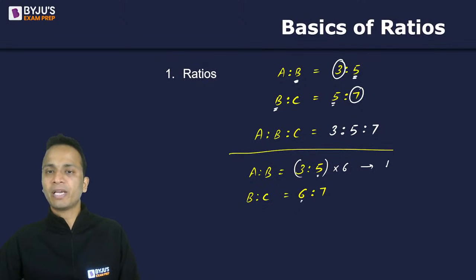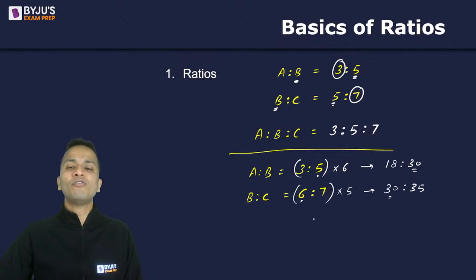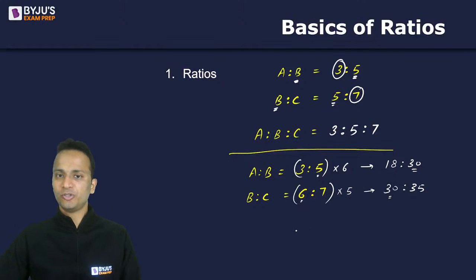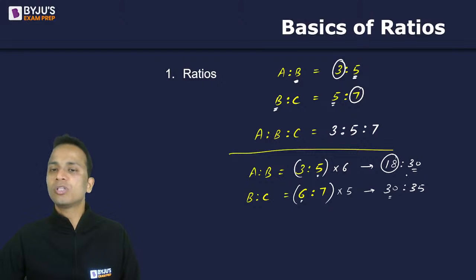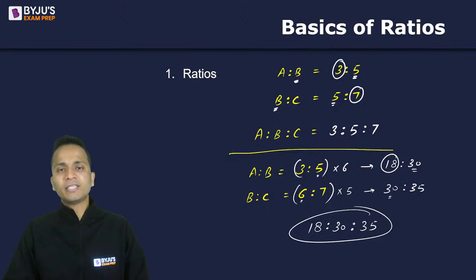So the first ratio will become 18 is to 30. And then multiply second ratio by 5, and this will become 30 is to 35. Now in this process, what I have done is I have made the value of b same in both the ratios. So now a is to b is to c can be written as 18 is to 30 is to 35. All right. So this is very important thing in case of ratios, right?